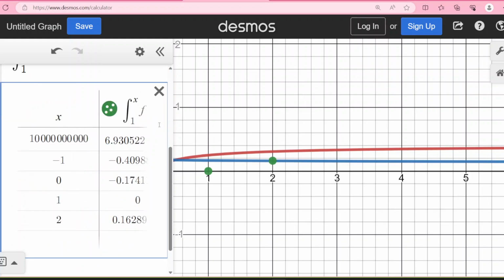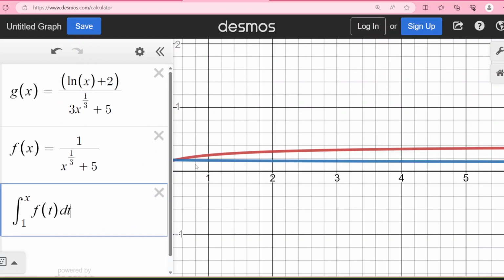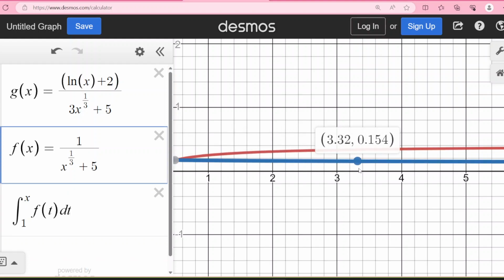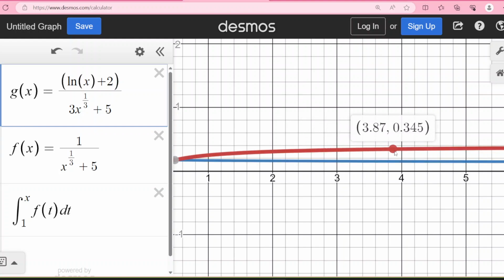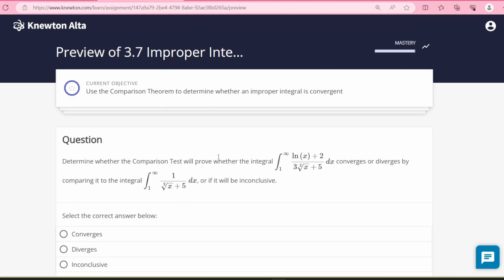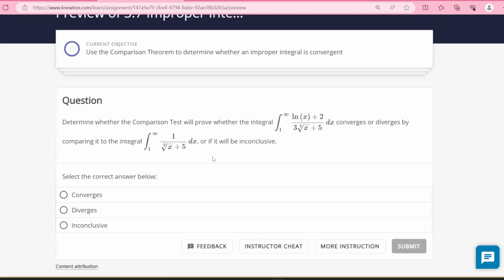So definitely divergent. The area under the smaller function was divergent, so that tells me the larger one must be divergent. It's always larger, so it's just as divergent. By the comparison test, this original integral must be divergent.